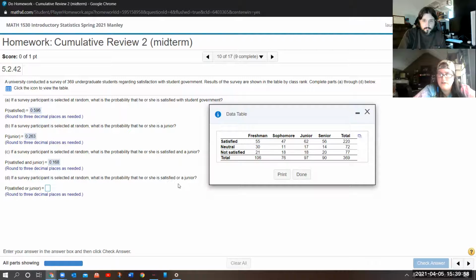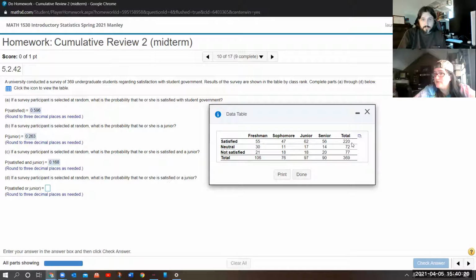He or she is satisfied or a junior. So here is where you have to treat it kind of differently. Let's add up the satisfied row. They give us that straight up. It's 220, right? Yes.